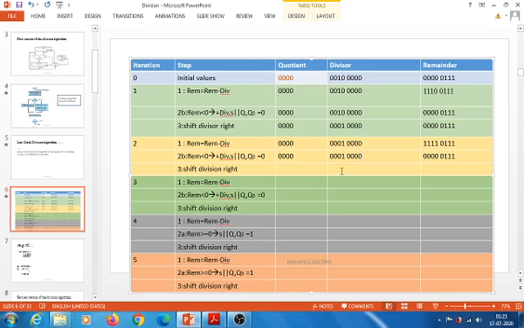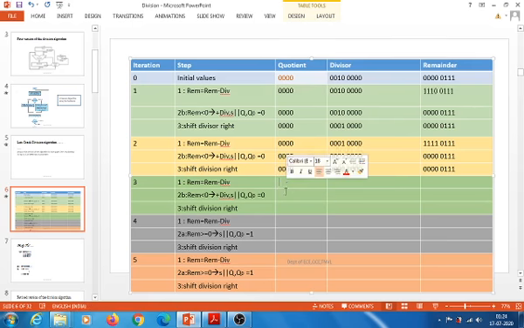If I shift like this, then it comes to 0, 0, 0, 0 and 1, 0, 0, 0, and all others remain the same, 0, 0, 0, 0, 0, 1, 1, 1 and 0, 0, 0, 0.